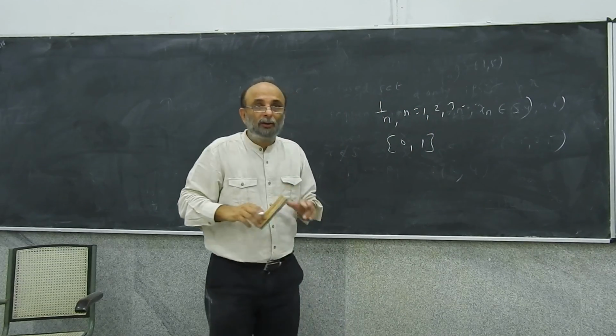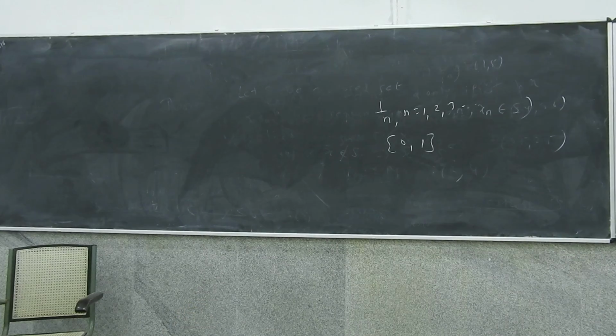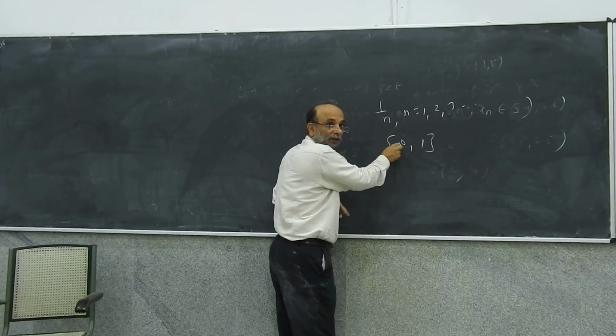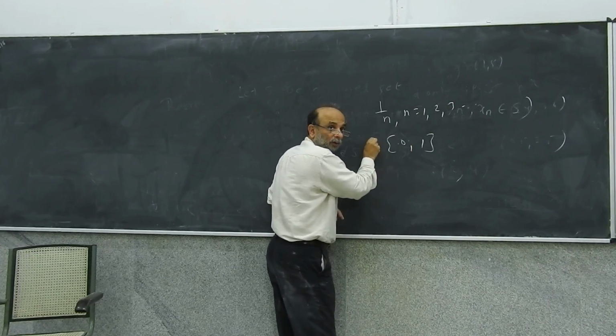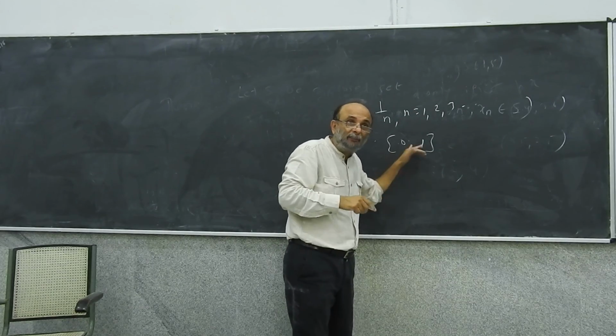What is the limit of that sequence? 0. And 0 is contained within the closed set. It's on the boundary of the closed set. When you think of 0, you can think of an open interval around 0, which might not be entirely contained within this set, but it will contain some points of the sequence apart from 0.